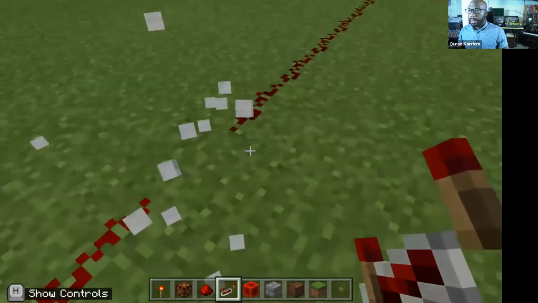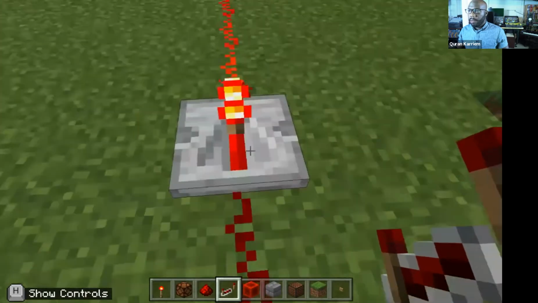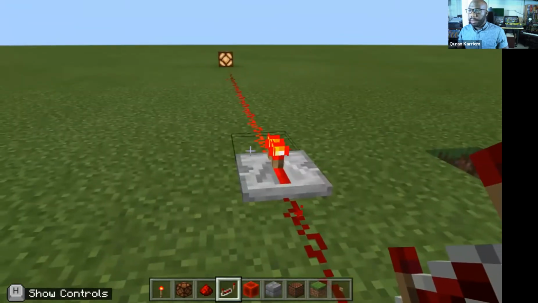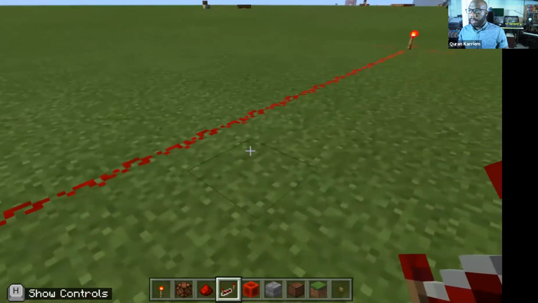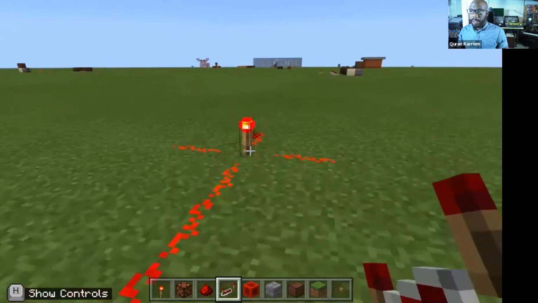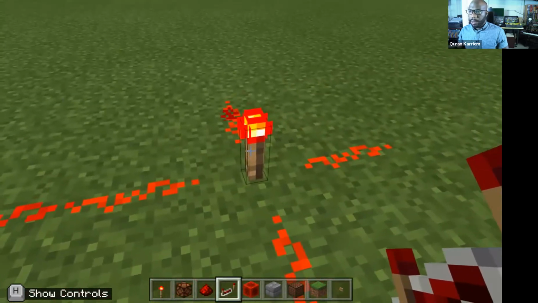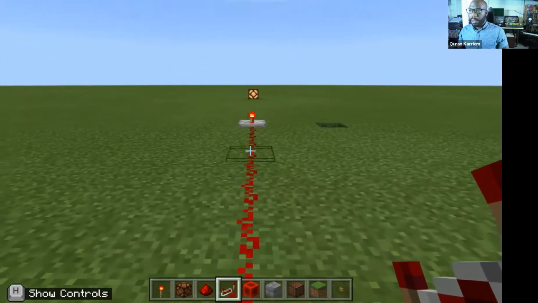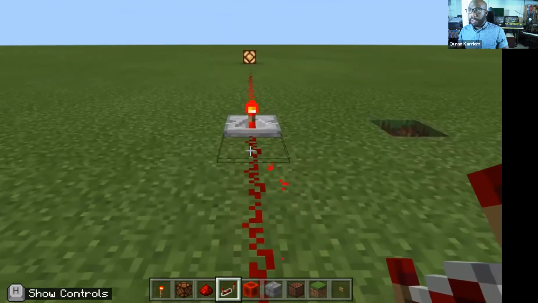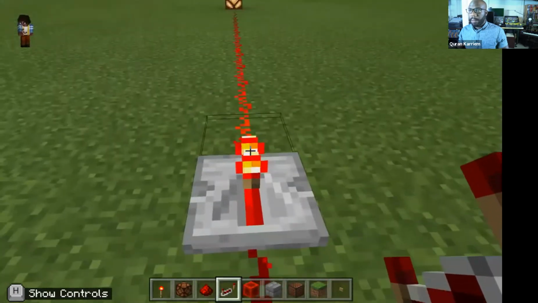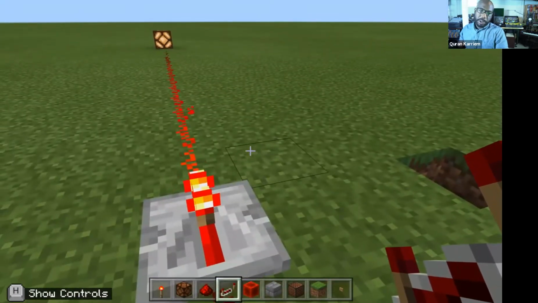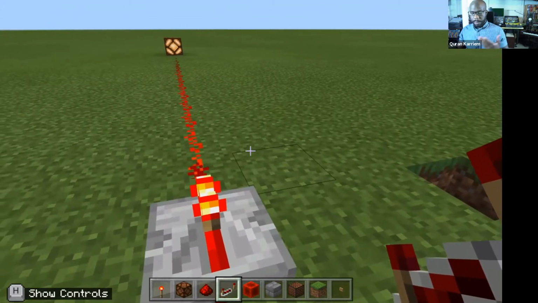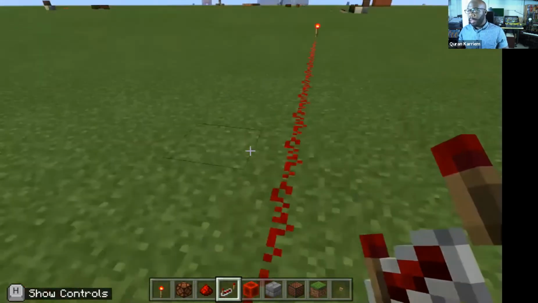So it has to go with the flow of the energy. Okay, so you determine the flow of the energy when you place the torch and you start putting down redstone in some direction. And so you just have to put your repeaters down in a way that goes along with that.